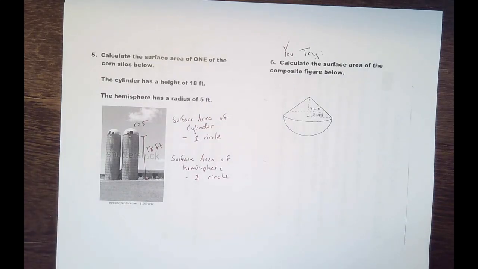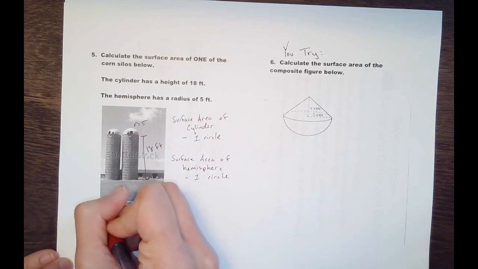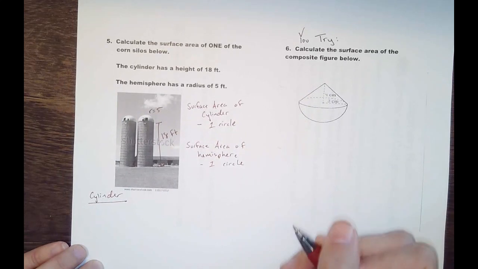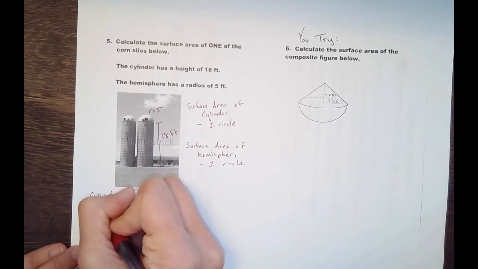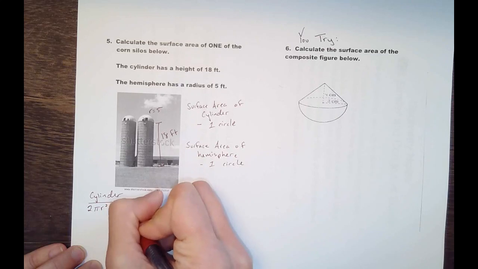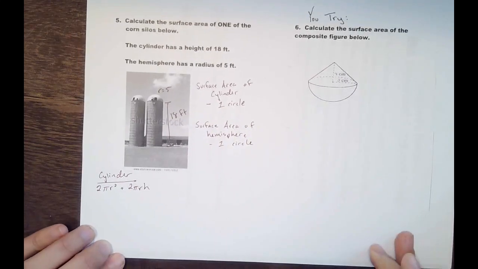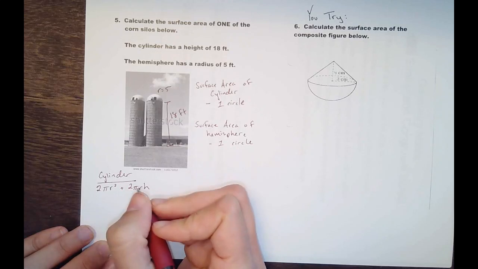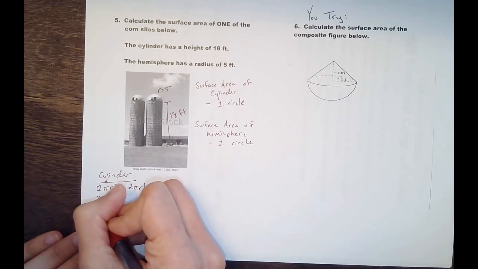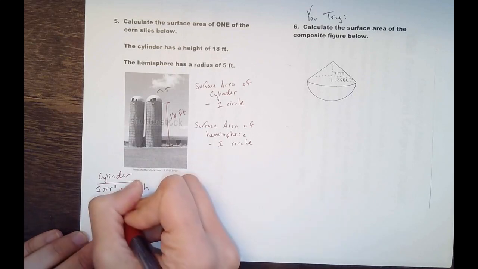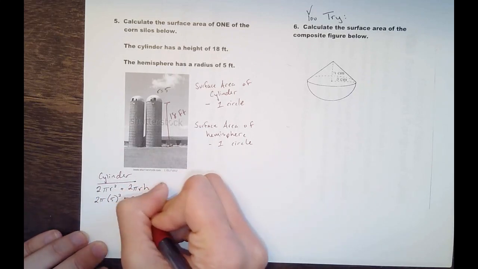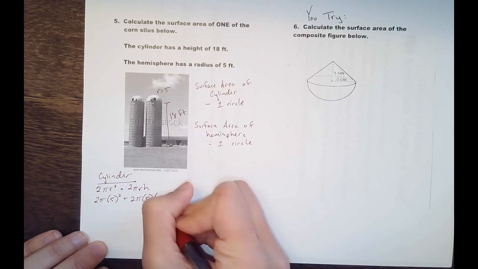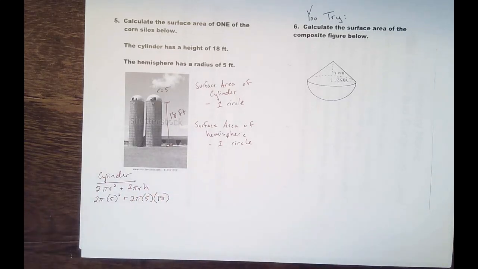Okay, so our surface area formula for that is 2 pi r squared plus 2 pi rh. So we have 2 pi, and then our radius is 5. 2 pi, our radius is 5, and our height is 18. So 2 pi times 5 squared plus 2 pi 5 times 18.